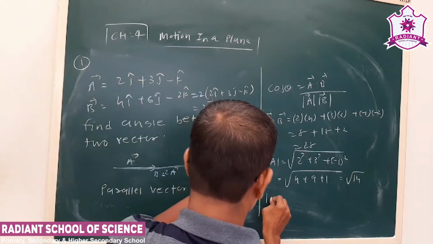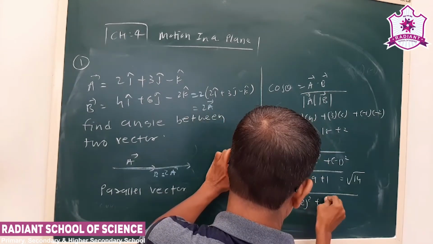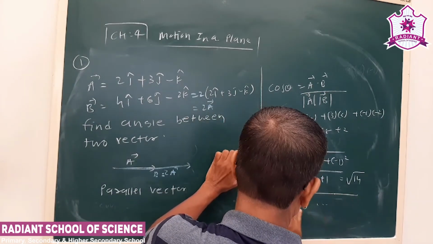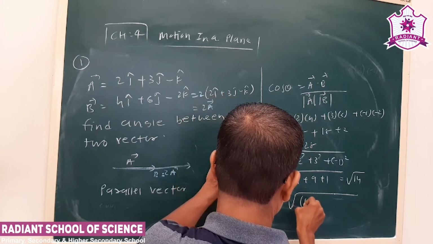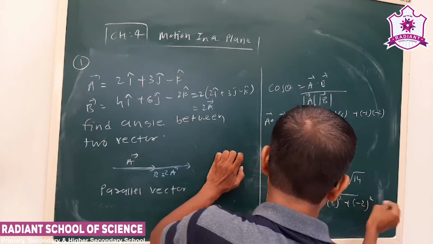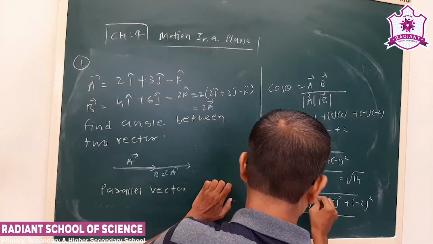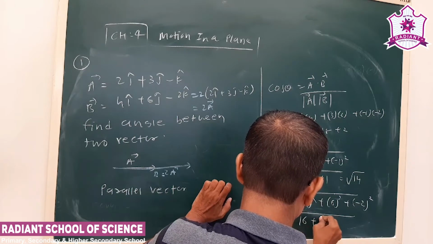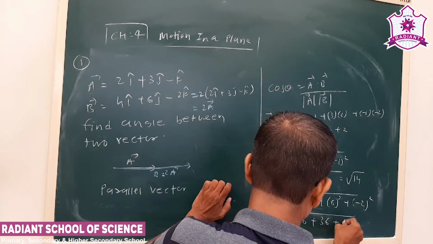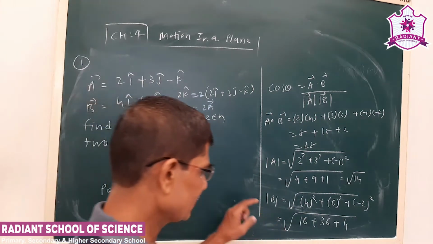Now the magnitude of B is 2 square plus 3 square plus minus 1 whole square times 4 square, so this will be root 56.